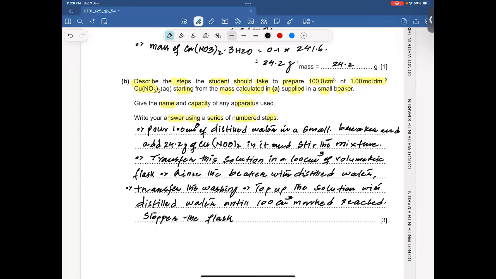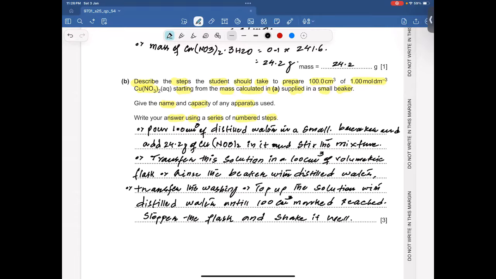Stopper the flask and shake it well. Okay.